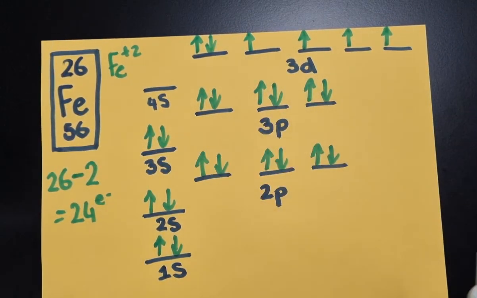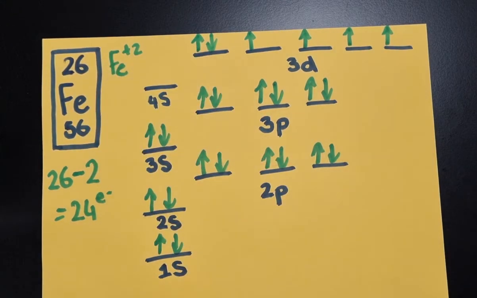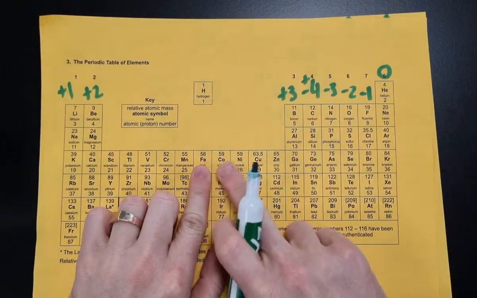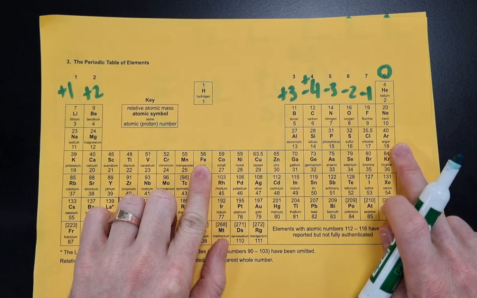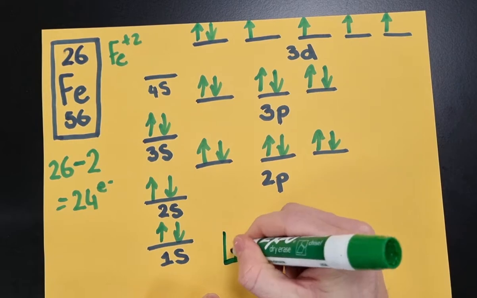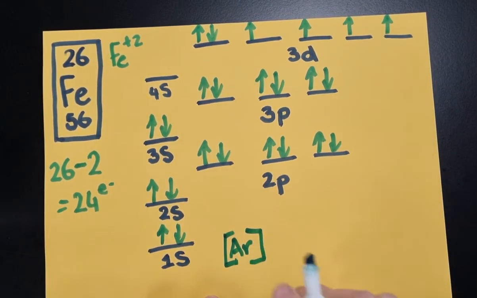Once again, we do need to write this down, which means we can do the shortcut. So Fe, we look at our periodic table, we see which is the nearest previous noble gas. In this case, it was argon, so we put our brackets, Ar, close the brackets.